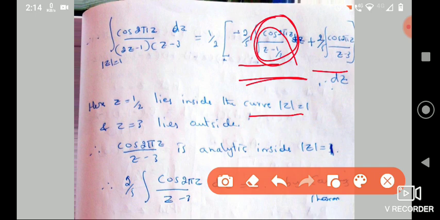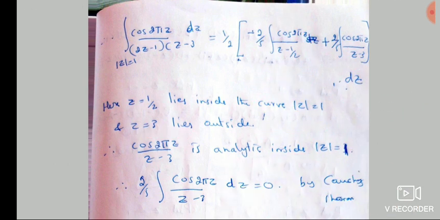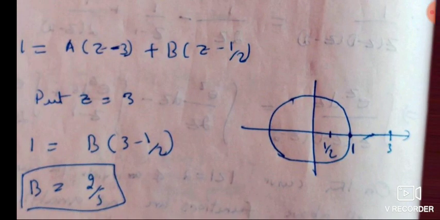Now when z is equal to 3, this will become 0. But the point 3 itself is outside the curve. The curve we just did, 3 will be outside. So inside that curve, inside this circle, f of z is analytic.